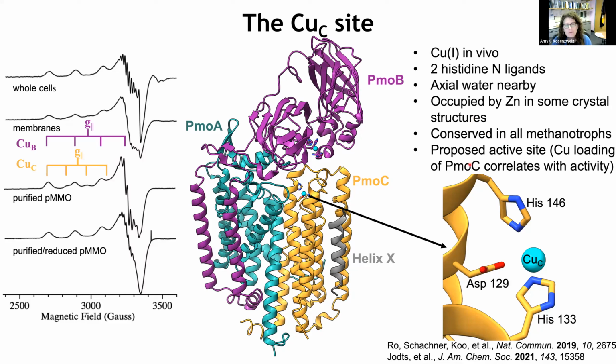And we had some evidence from native top-down mass spectrometry that we did with the Kelleher lab that increased copper loading of this PMOC subunit, although not necessarily this specific site, is correlated with activity. So we've known for several years that it's important to have copper in this subunit to have activity of PMMO. However, there's one big caveat with this site that was bothering us for a long time.